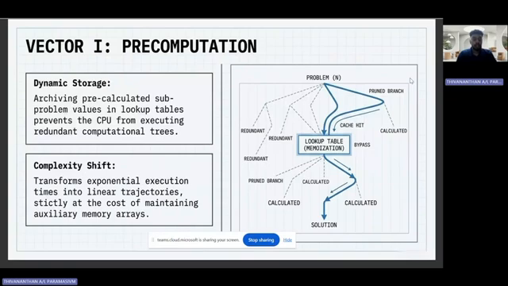So now I'm introducing the three factors of pre-computation: dynamic storage, active pre-calculation, and pre-programming the values into a table to prevent the CPU from re-executing. The pre-structures will be the organized data structures for the lookup.